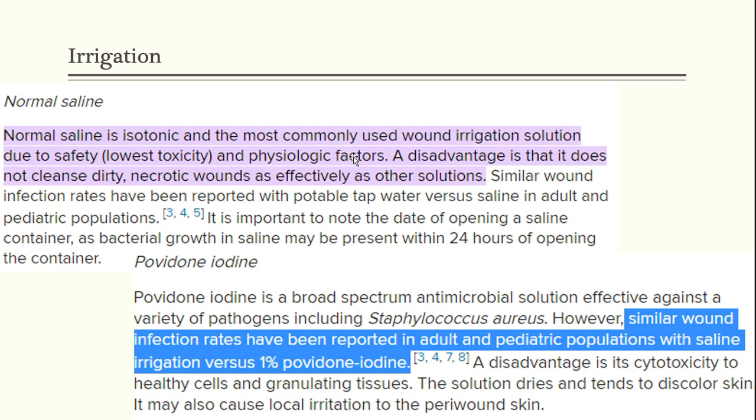With iodine, similar infection rates have been reported in adults and pediatric populations with saline versus iodine. The disadvantage is that it is cytotoxic to human cells and granulating tissues, and it might discolor the skin, but it's very effective against Staph aureus.